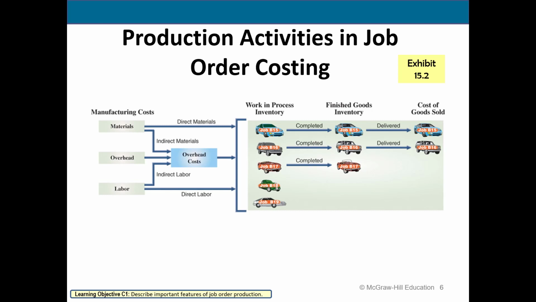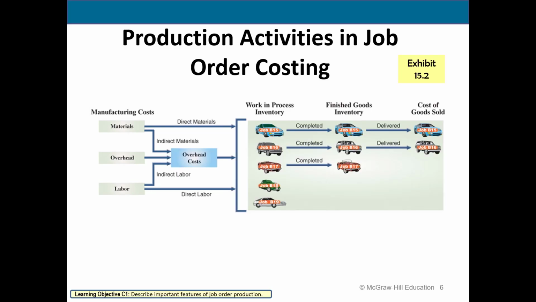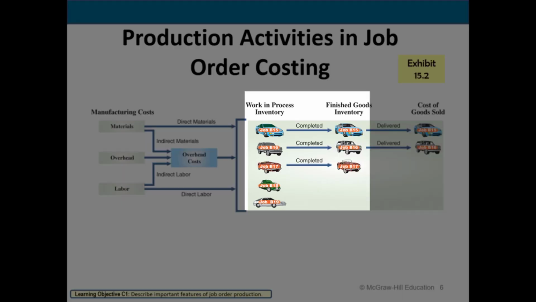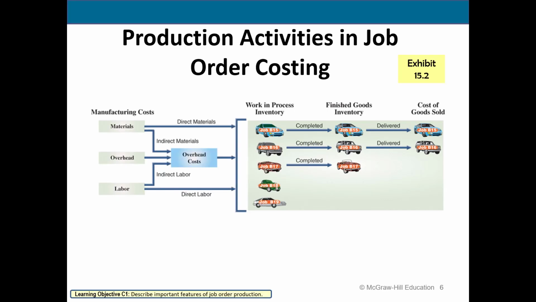Here we're looking at the flow of cost in job order costing. So we talked about this in Chapter 14. The three manufacturing costs include the materials, overhead, and labor, and those are combined, and then they flow into work in process. As they're finished, they go into the finished goods inventory, and then finally, if they're sold, they go into cost of goods sold.